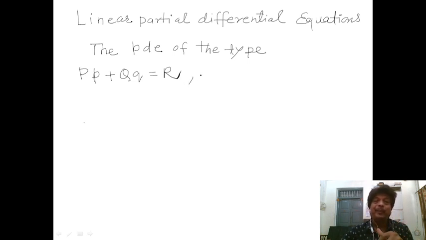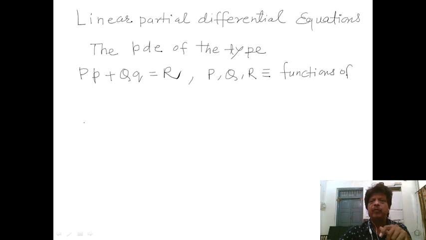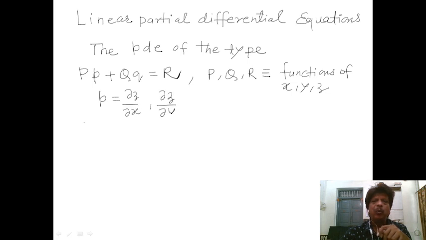So what are these capital P, Q and R? Capital P, capital Q and capital R, these are the functions of x, y and z, and of course this small p and q have their standard meanings as dou z by dou x and dou z by dou y.